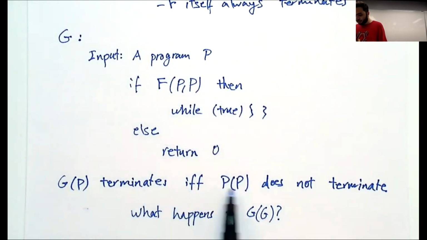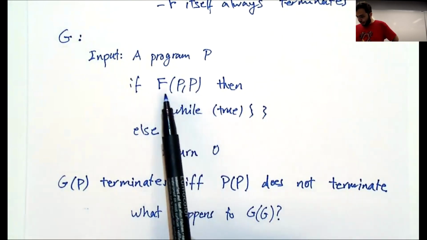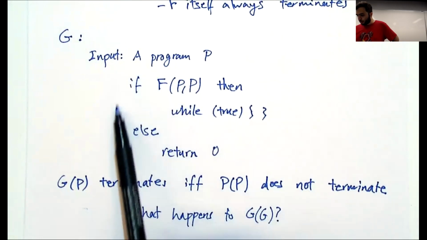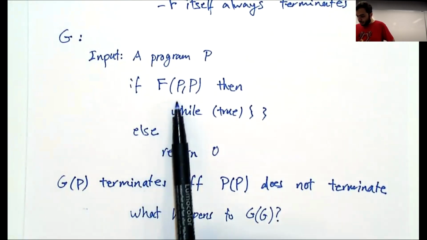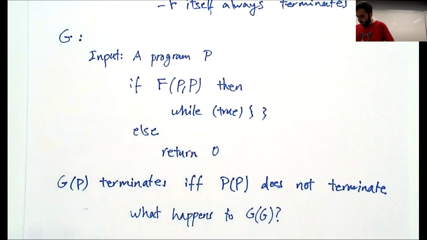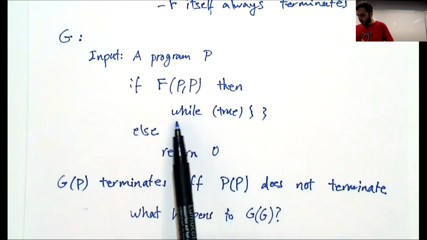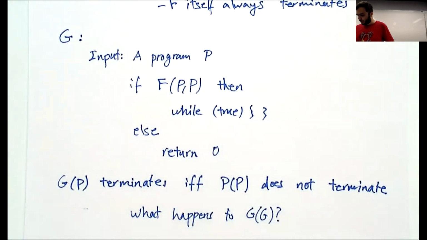But when did I use the termination of F? If this part does not terminate, then the whole program will not terminate. But I'm assuming that this part terminates, because I'm just looking at what happens in then and what happens in else. So I'm also using the assumption of termination of F.